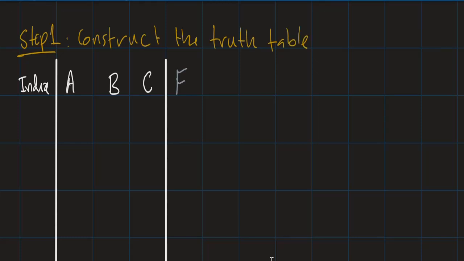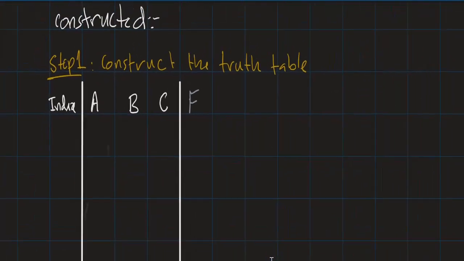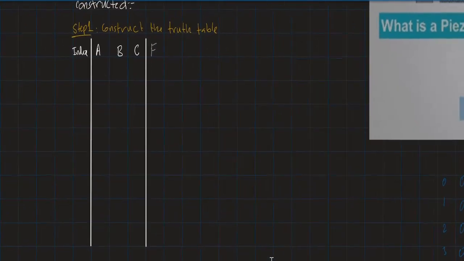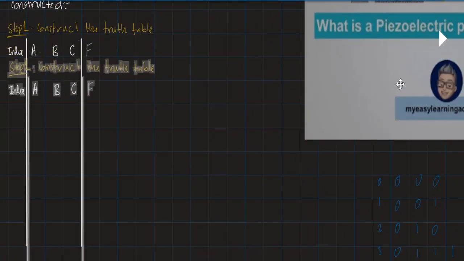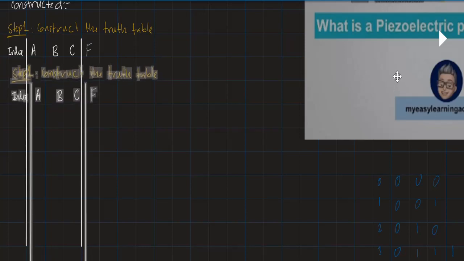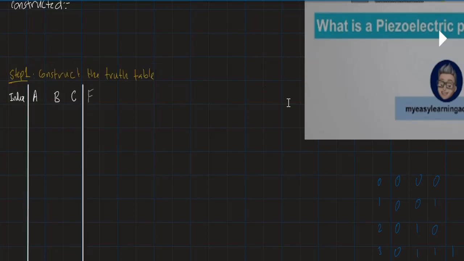And this of course is after step 0, and step 0 would be to understand the problem and read the problem statement very well. So now this is step number 1, and it is to construct the truth table.